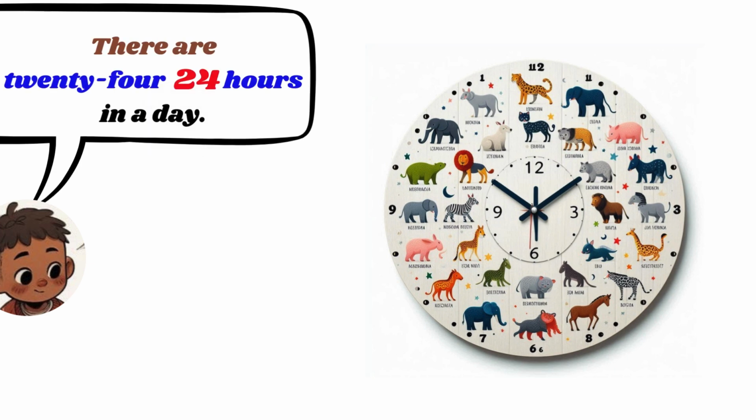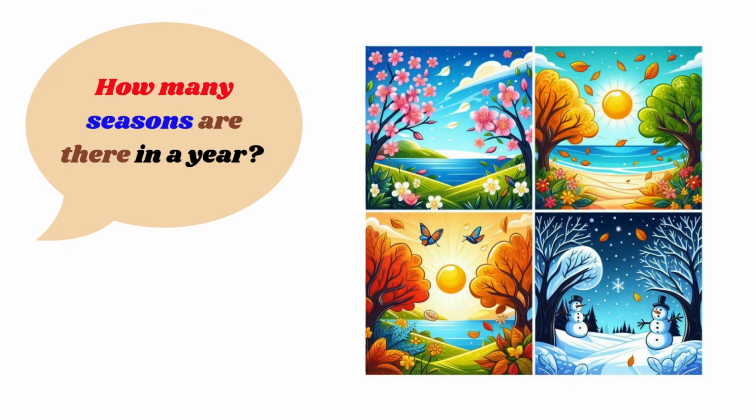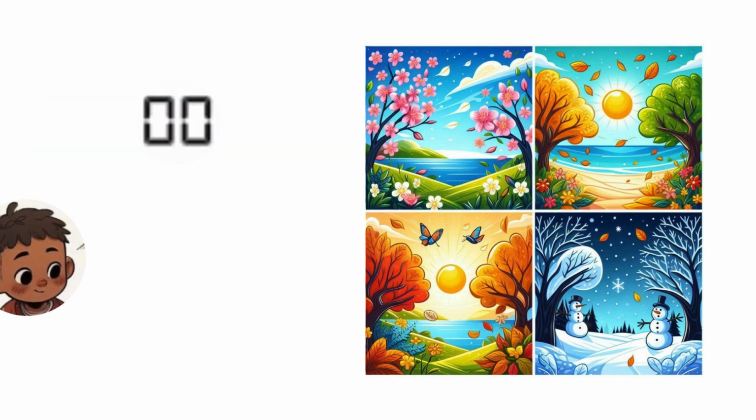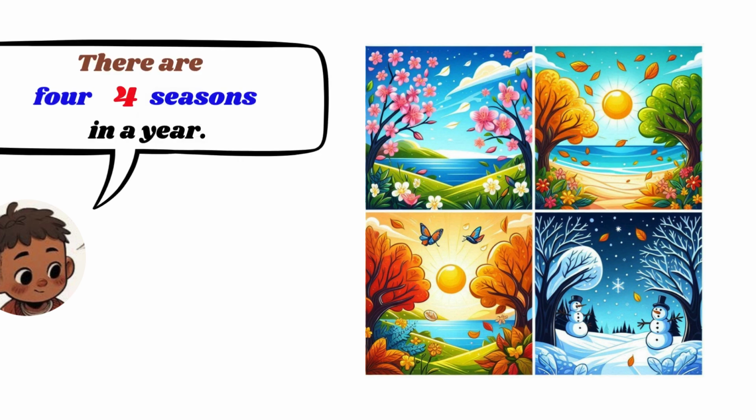There are 24 hours in a day. How many seasons are there in a year? There are 4 seasons in a year.